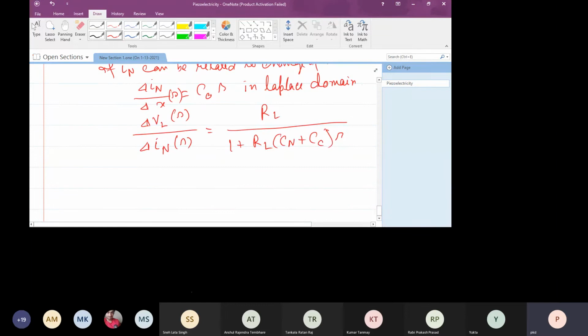So if we now take the change of voltage with respect to change of force, then that will be delta VL by delta IN, delta IN by delta X. We have derived three relations.